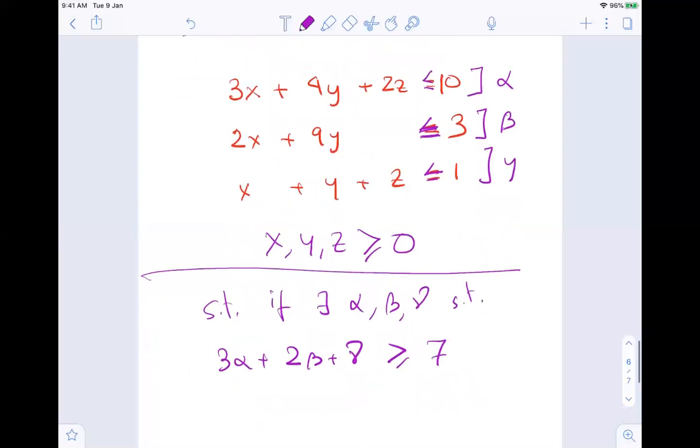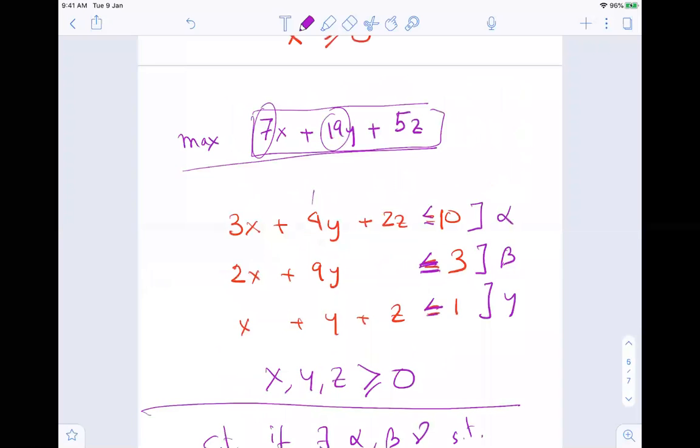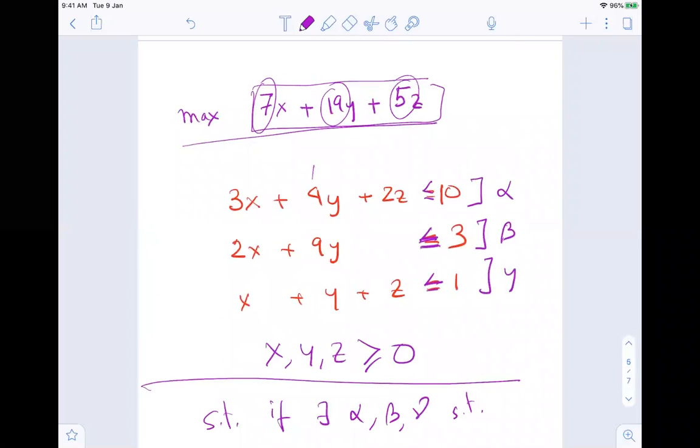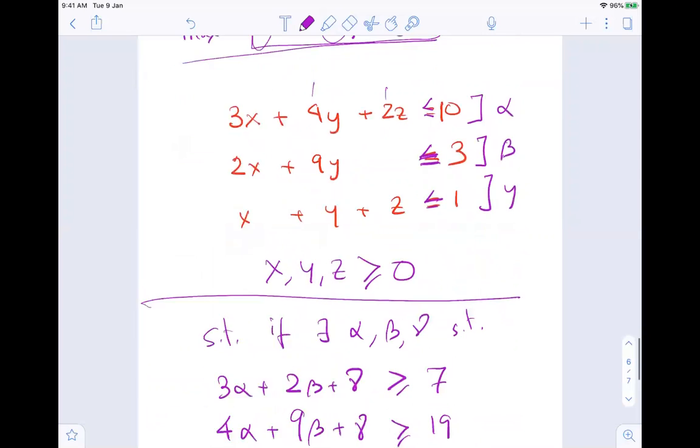Similarly, if you look at this, 4 alpha plus 9 beta plus gamma is more than 19, plus 2 alpha plus 0 plus gamma is more than 5.